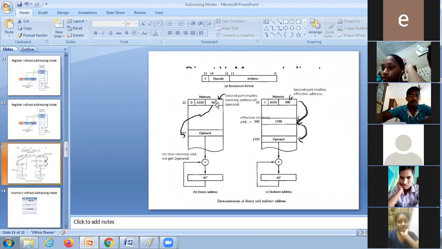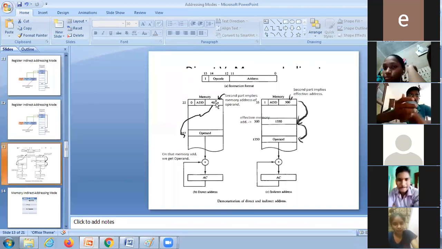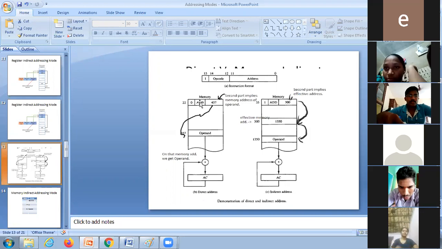Add hash 457 means the accumulator value is added to the immediate data 457, then the result is stored. Suppose the accumulator has some value; 457 is added to the accumulator value, whatever is there, then the result is stored in accumulator. Here add 457 will have a different meaning.